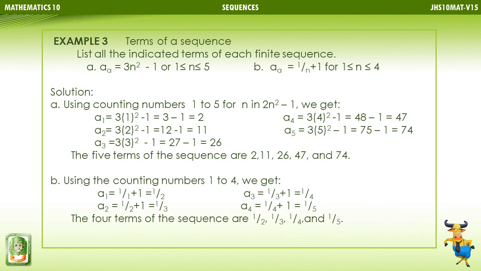The 5 terms of the sequence are 2, 11, 26, 47, and 74.